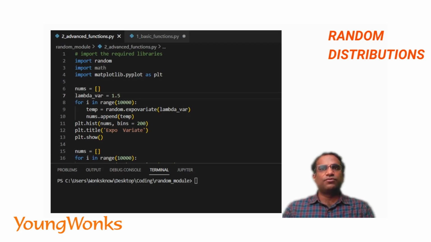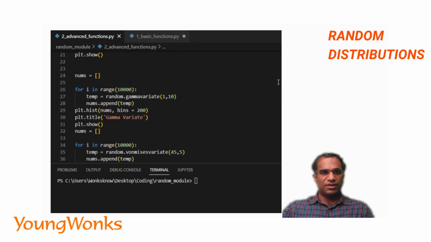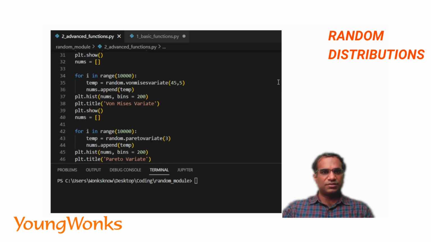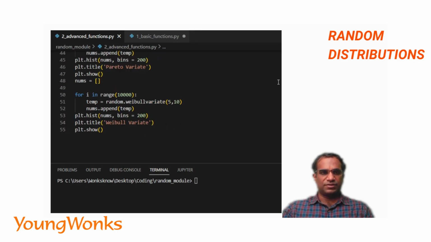Now, just like the ones that we have studied, there are many other distributions available in the random module as well. Just going through each one of them, we have the expo variate, a beta variate, a gamma variate, a von Mises variate, a Pareto variate, and a Weibull variate as well.